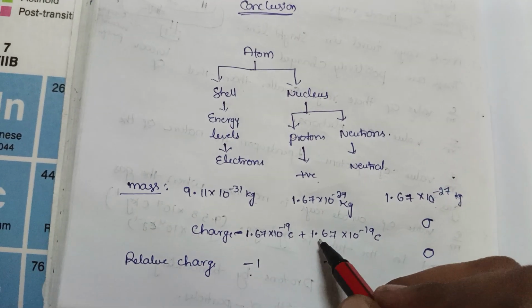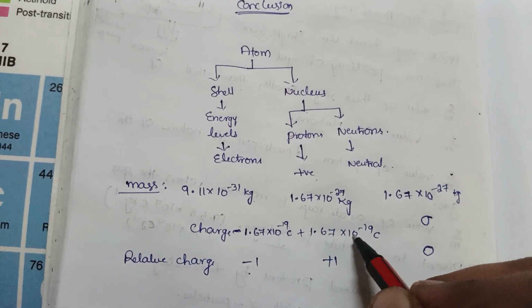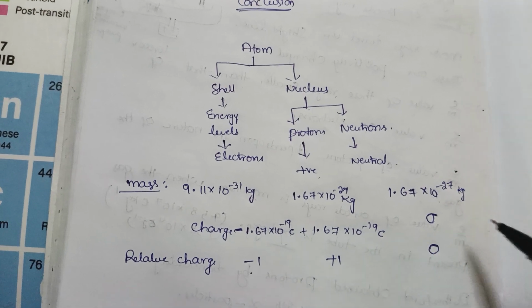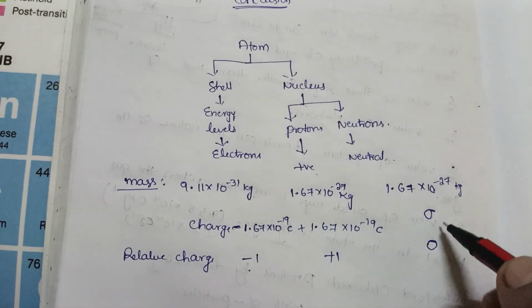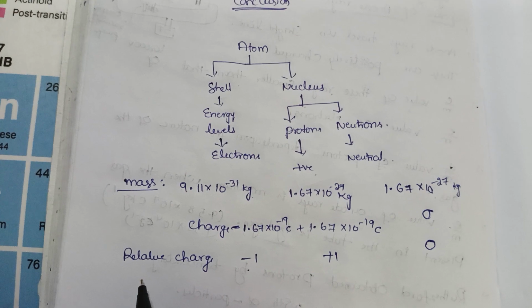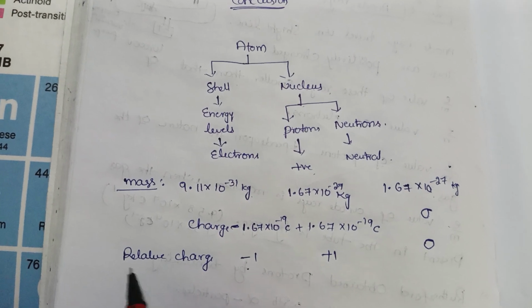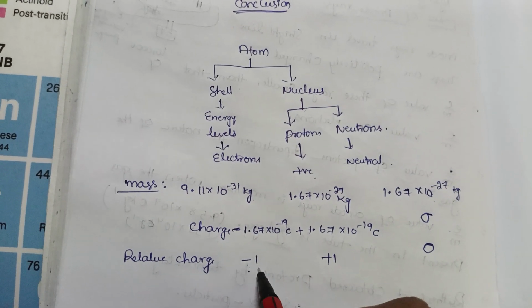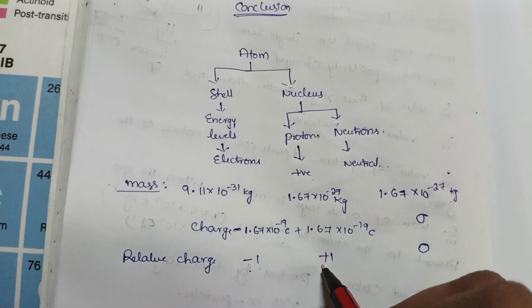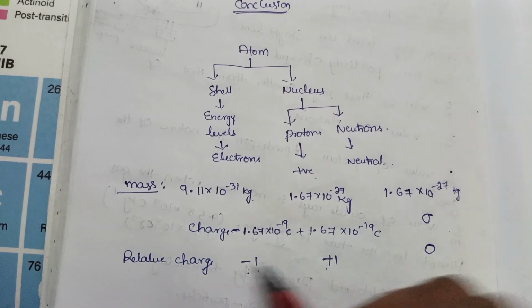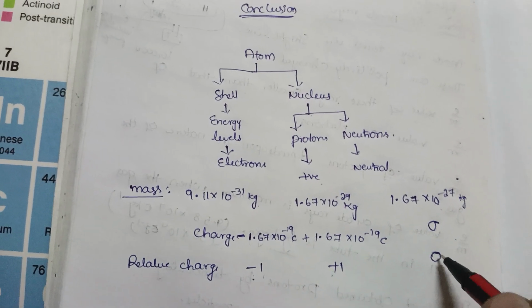For the proton, plus 1.6 times 10 to the power of minus 19 coulomb. The charge of the neutron is 0. The relative charge for electrons is minus 1, for protons plus 1, and for neutrons 0.